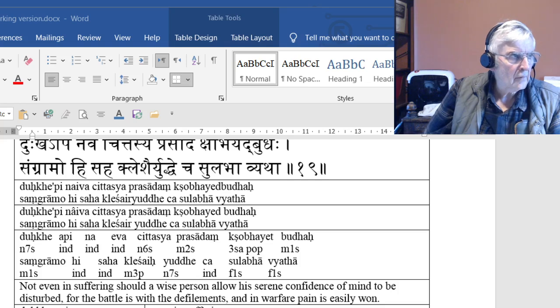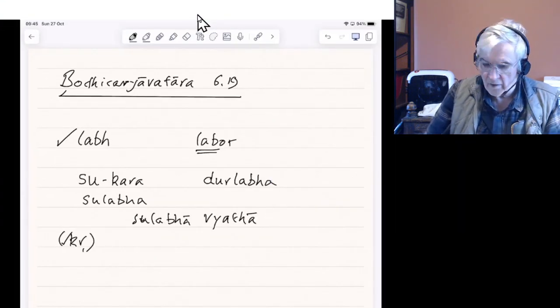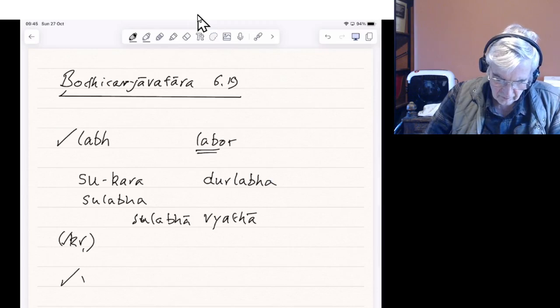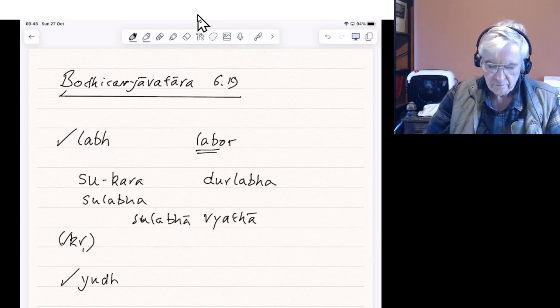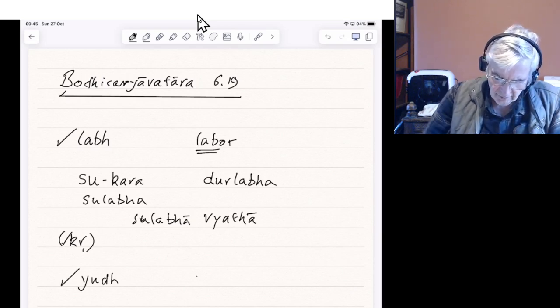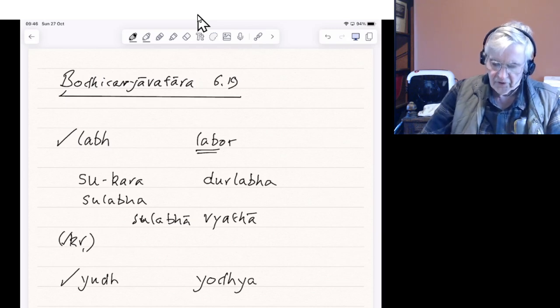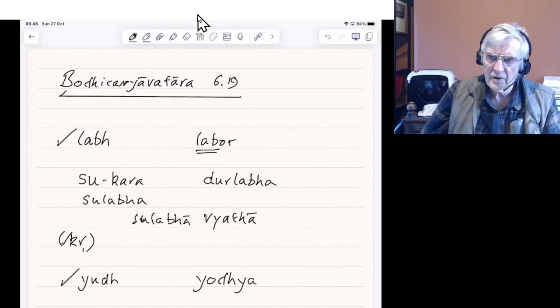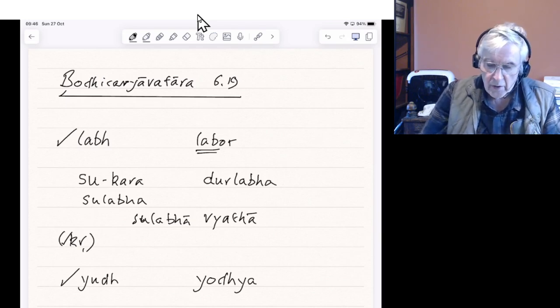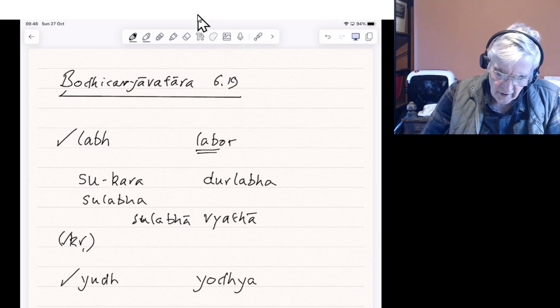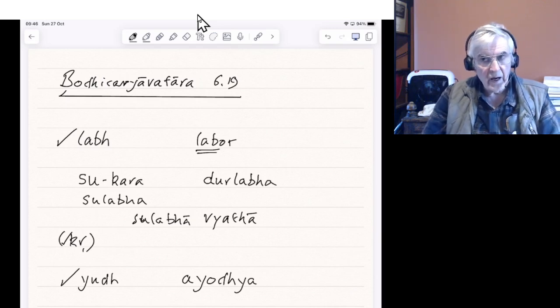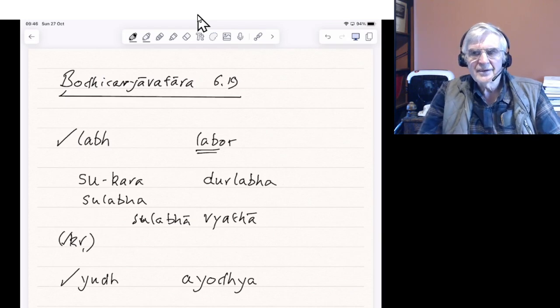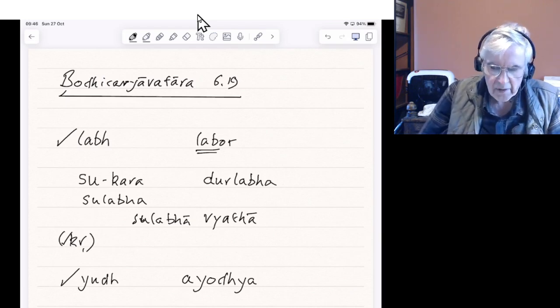Yuddhe, from the root yudh, just meaning to fight. Fightable, we make the guṇa of the u, so yodhya, future passive participle with ya. You don't often find yodhya, normally found in its negated form, ayodhya, literally unfightable, therefore invincible or impregnable.